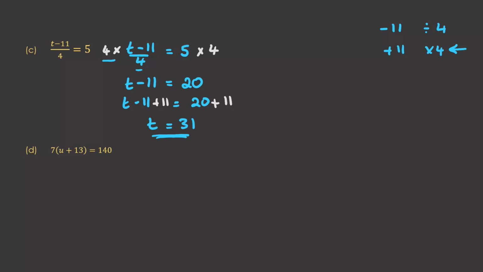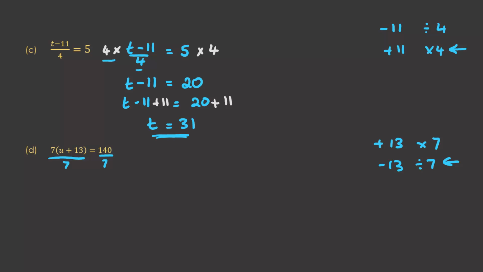For the final one, we're adding 13 and then multiplying by 7. So my reverse path is going to be divide by 7 and take away 13. So to start with, let's divide both sides by 7.